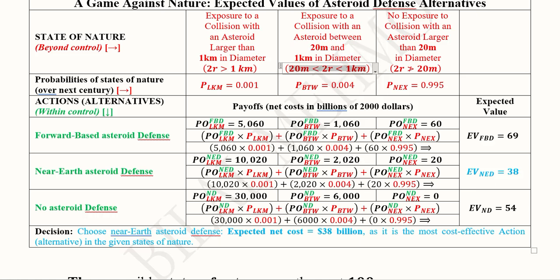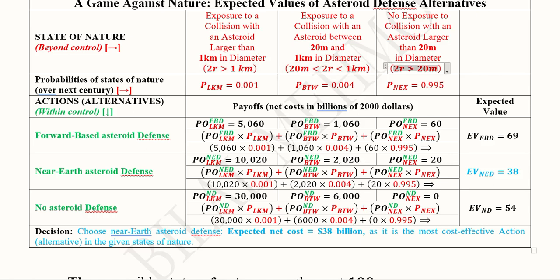We can call this a medium-sized asteroid. And the final option is that we are not getting hit by any large meteor, and if there is a meteor, it is less than 20 meters. It can be a very small one, or up to 20 meters. So this cannot become a headline. This can be small news, and it is not a major concern, because the diameter is less than 20 meters.